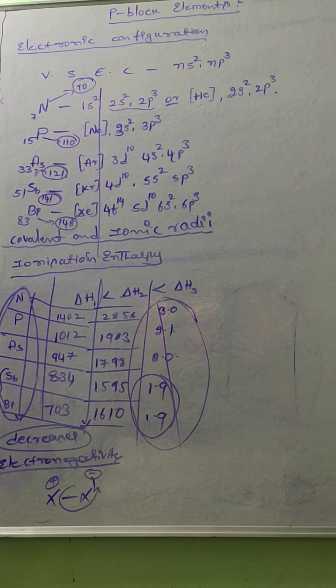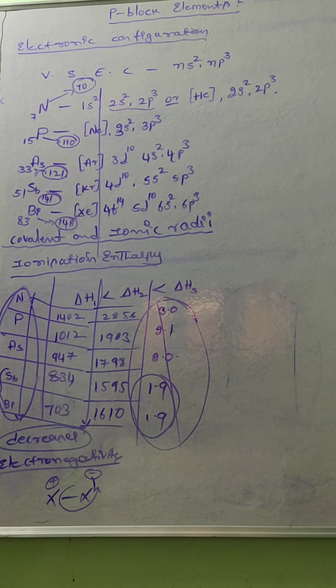Then after that, what are the physical properties of the 15th group elements? We already know the concept from the previous unit: which one is a metal, which is a non-metal, which is a metalloid, and which is a gas, but different properties can be possessed.